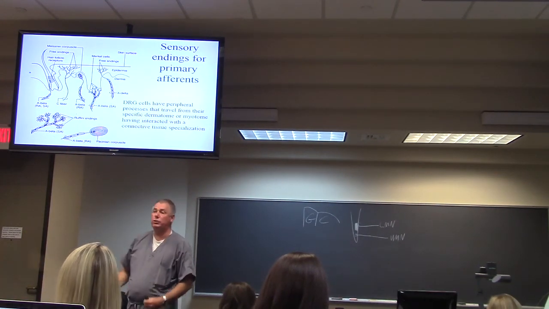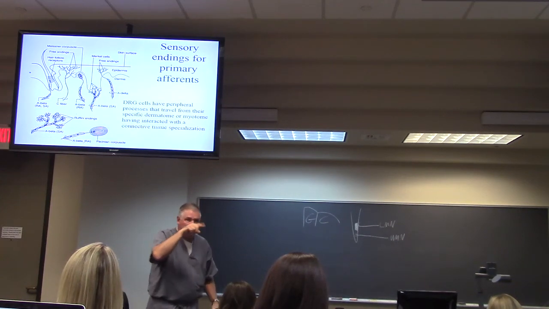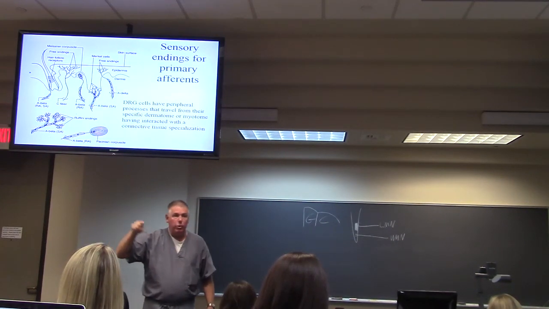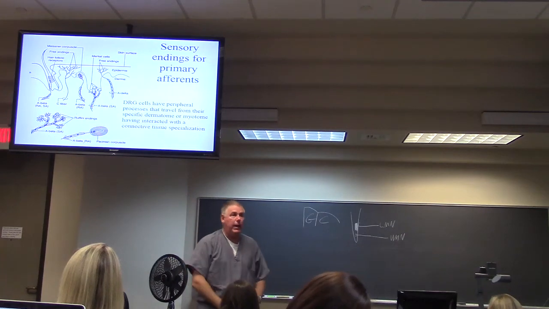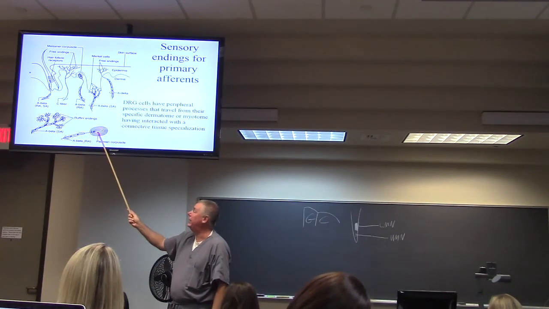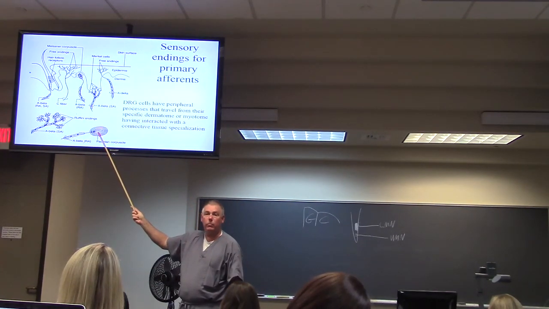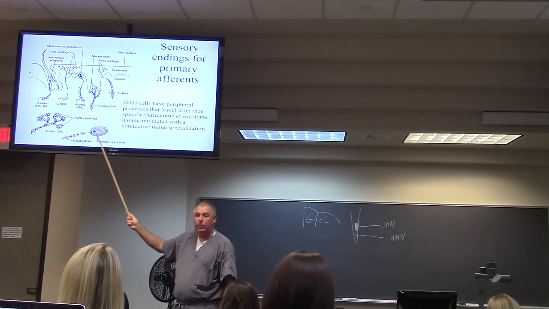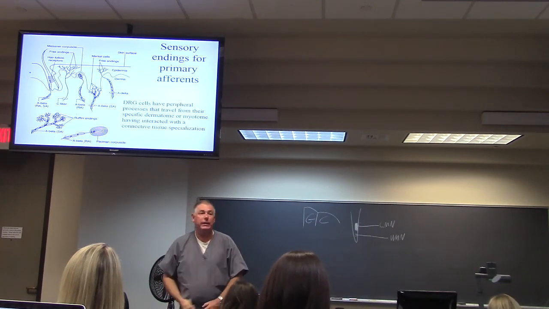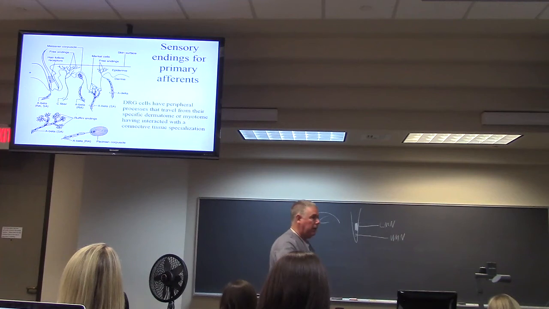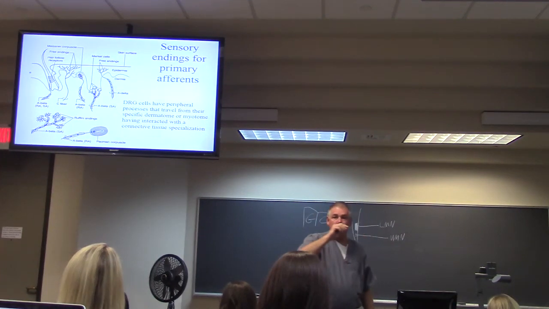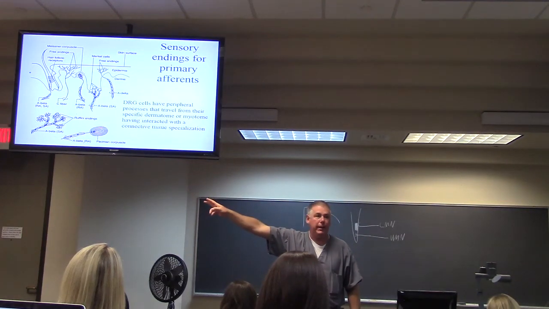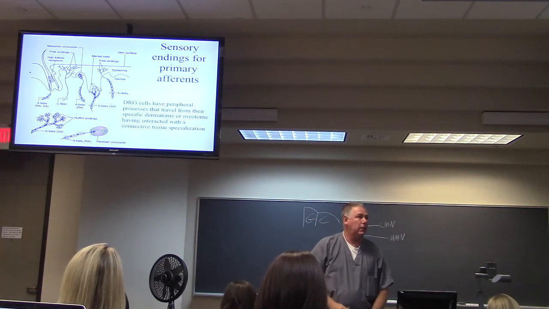They produce what are called generator potentials. It's like little steps. You get enough generator potentials, and that will cause an action potential to be developed in the process, and then she can say, ah, that's vibration. Generator potentials are a little bit. Action potentials, it's taking the information to the cortex.